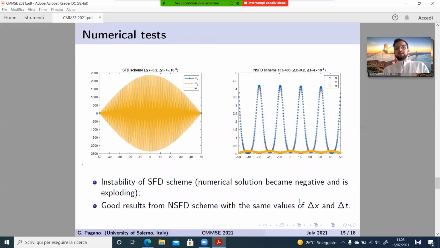These are some numerical tests in which we can see that the standard scheme provides an unstable, non-acceptable solution, because it is exploding and also becoming negative. Our non-standard scheme provides, with the same values of the step sizes in space and time, a very good solution in a qualitative sense.